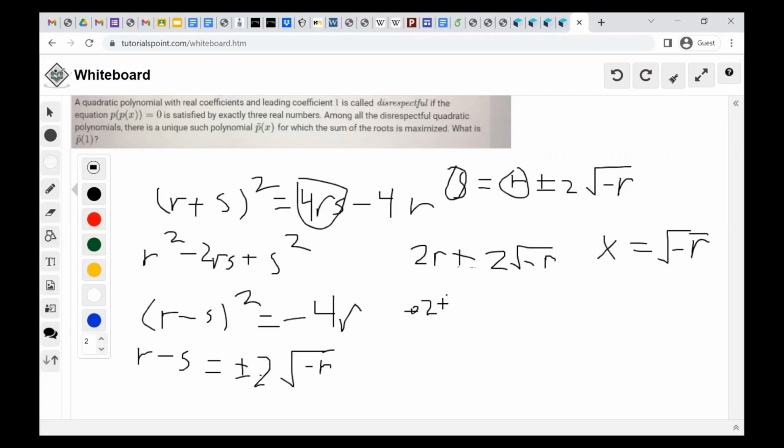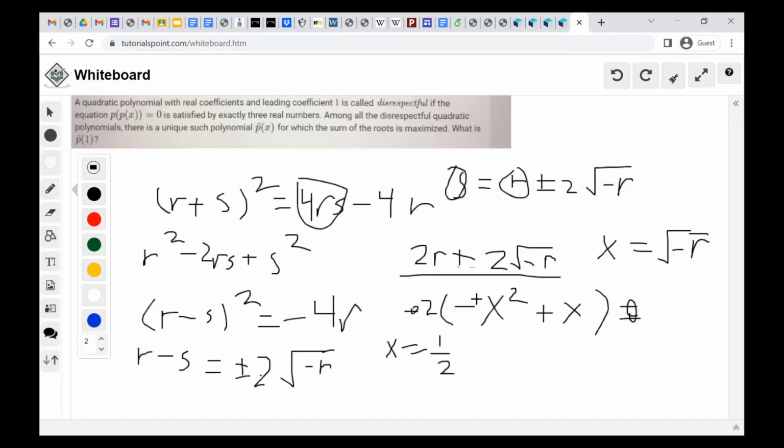So this is 2 times negative x squared, since r equals negative x squared, plus x, right? So that's what this is equal to. And we want to maximize this. So we can see that the maximum value of this occurs when x equals 1/2. We can check that the maximum value of this occurs when x equals 1/2.